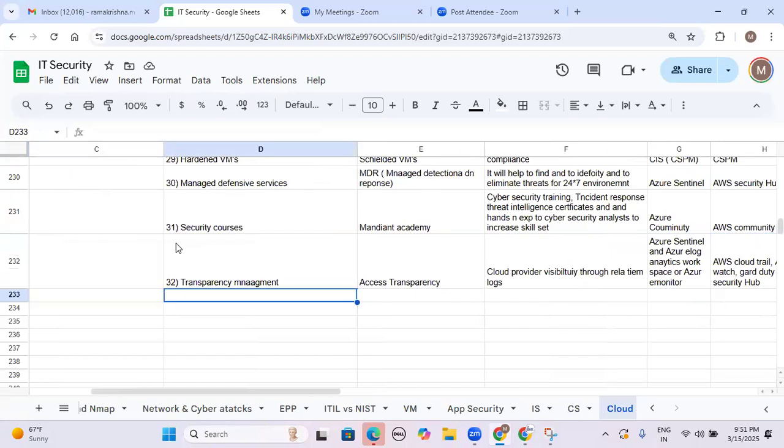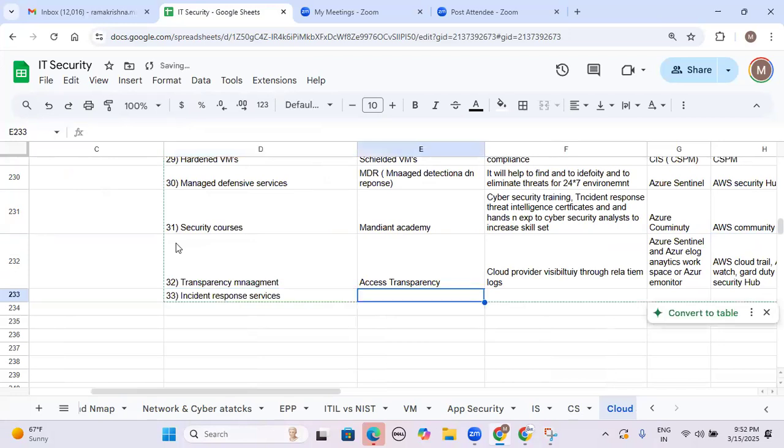Next one is incident response services. You already know what incident response services are. It will do the incident response, IR. Whenever any security incident occurs or happens, it will tackle breaches rapidly and also provide automatic response. That is called IR.